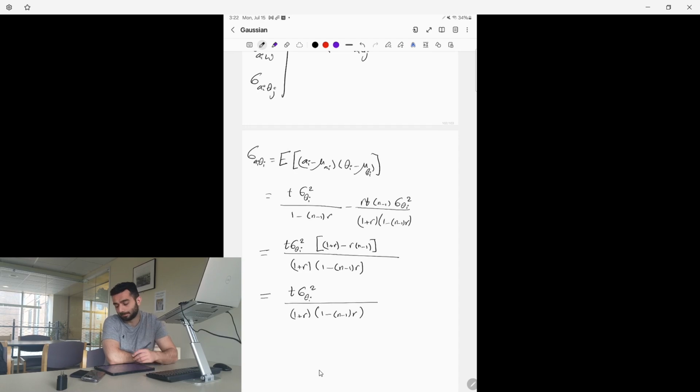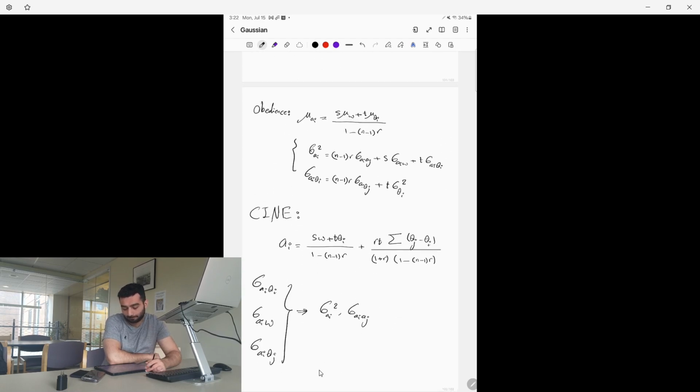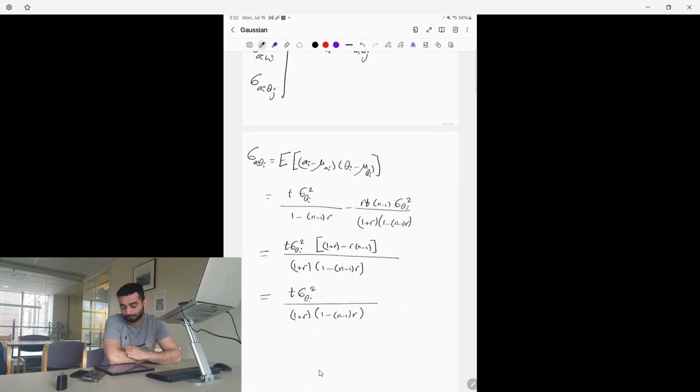Is it right? Sounds right. T sigma theta I squared, 1 minus n minus 2 r. That's what it says.